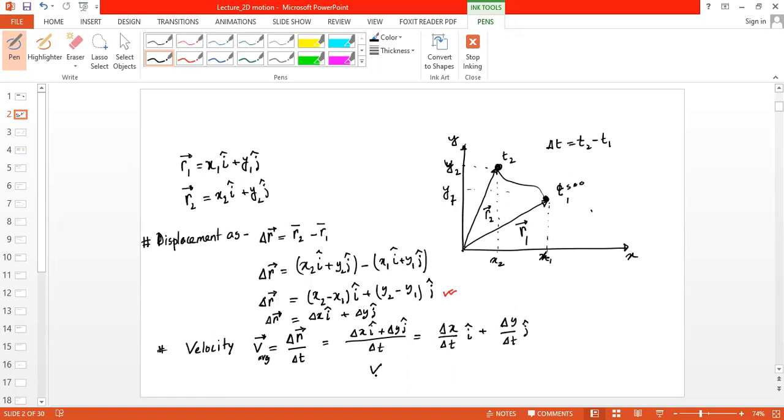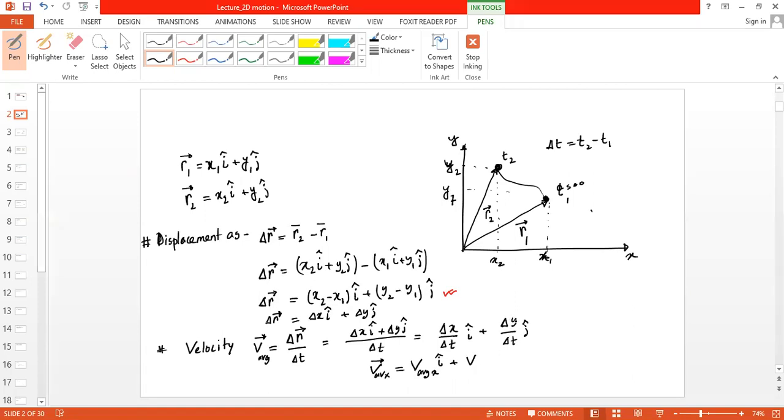And then v average can be written as delta x by delta t. What is that? This is the velocity, the average velocity along x direction. So we can write this as the x component of average velocity i, plus delta y by delta t.